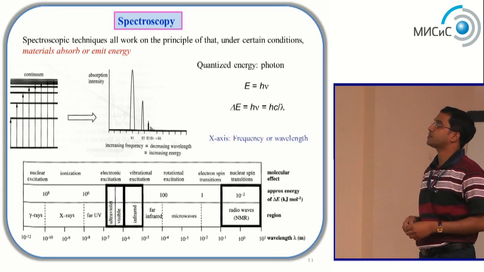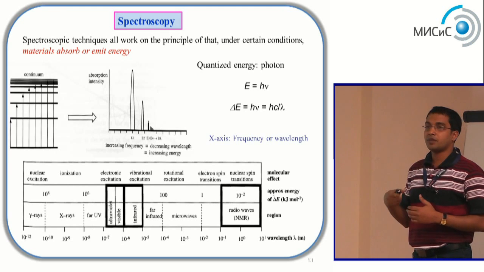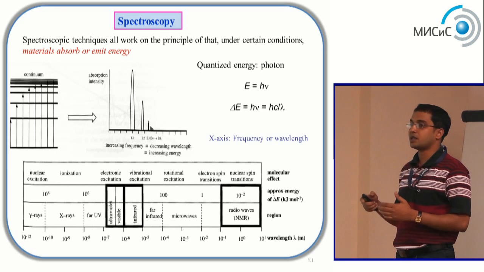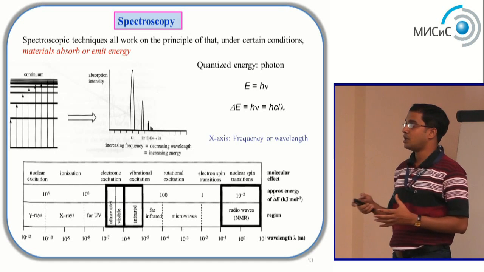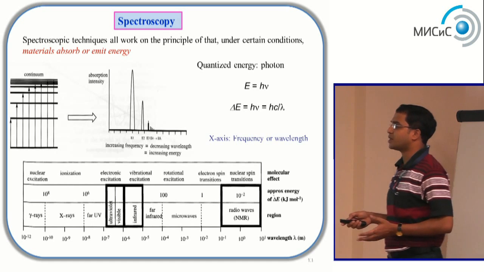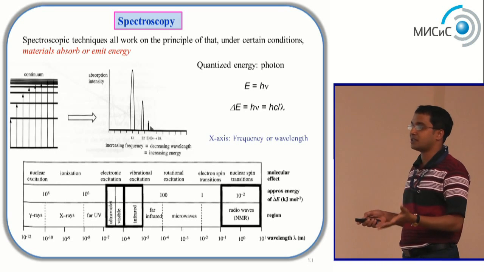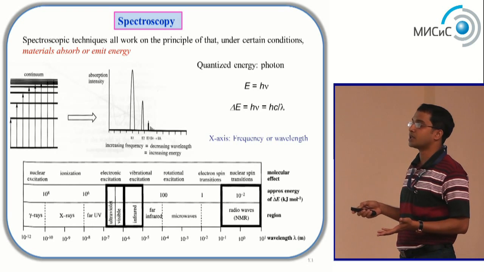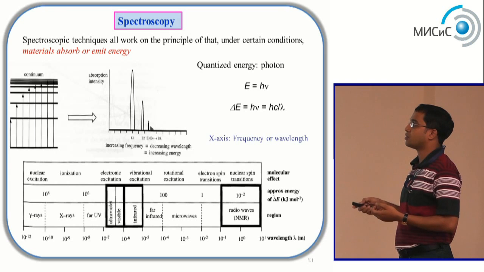Now, the main problem is to measure the sample, basically the spectroscopic analysis. As we know, spectroscopy measures the absorption or emission of energy. It's a very simple method because the physics behind spectroscopy is contained in the graduation level. It's just a jump from one level to another level, and we measure the absorption intensity corresponding to this.